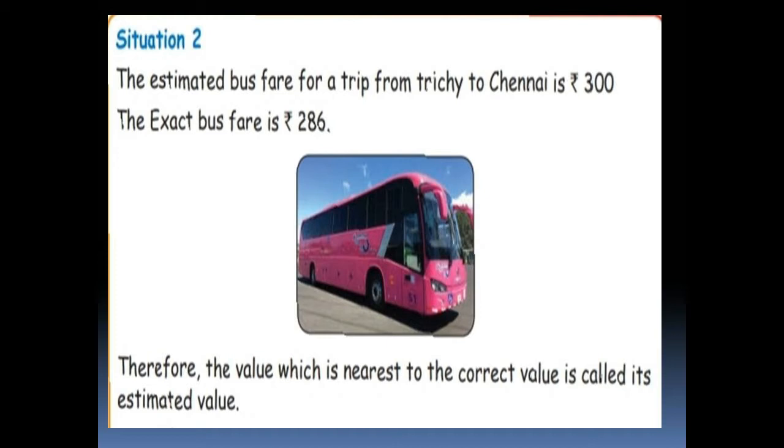Like that, here they have given the estimated bus fare as rupees 300. But the exact bus fare is rupees 286. Yes, 286 is the correct value. That is the actual value of the bus fare from Tiruchi to Chennai.